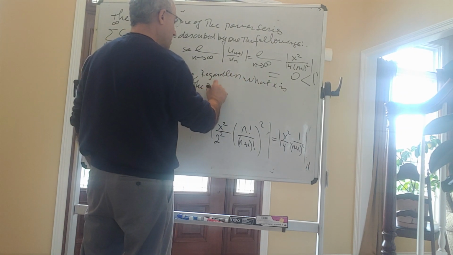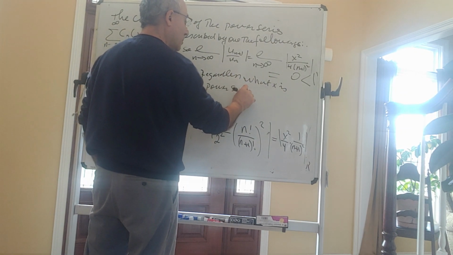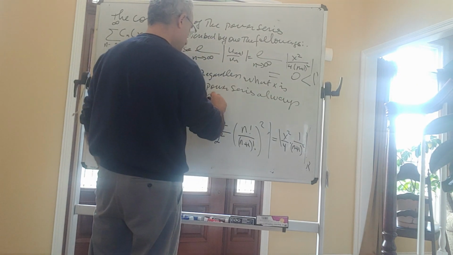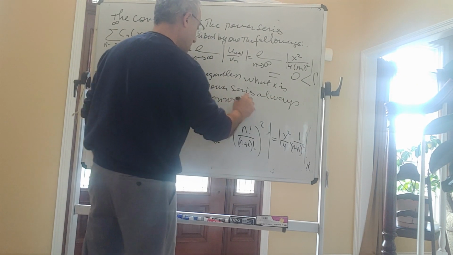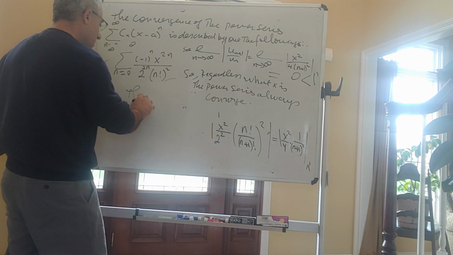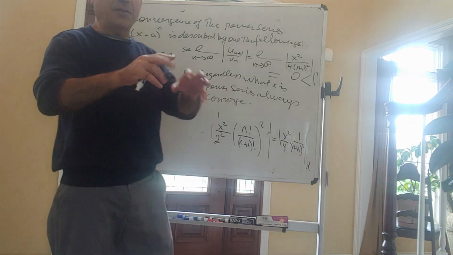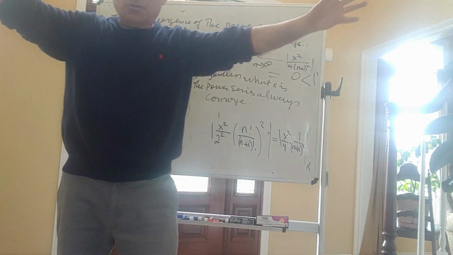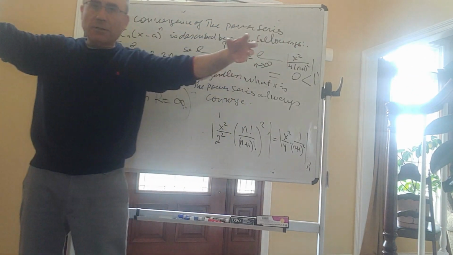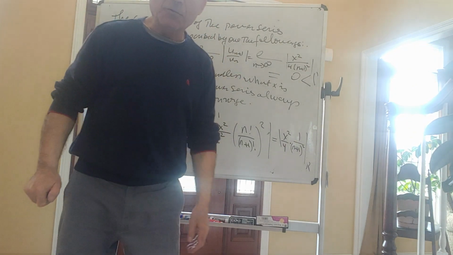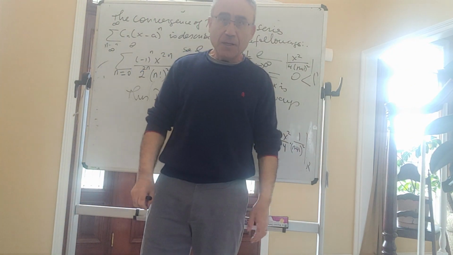The power series always converges. Thus, here R is infinity, because the radius is so big as to include all the real numbers for which this power series converges. Okay, so this is it.